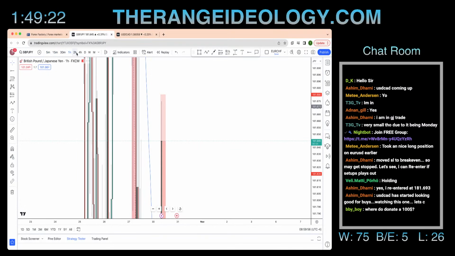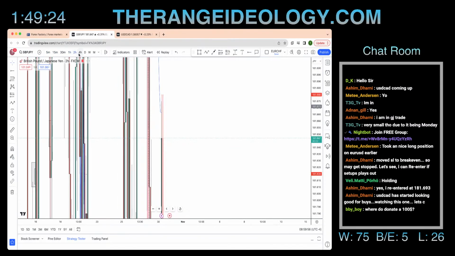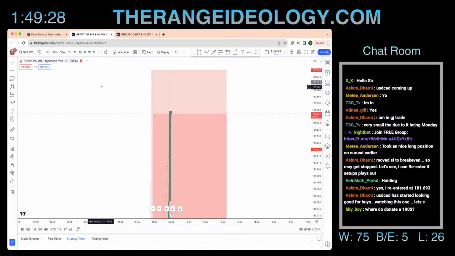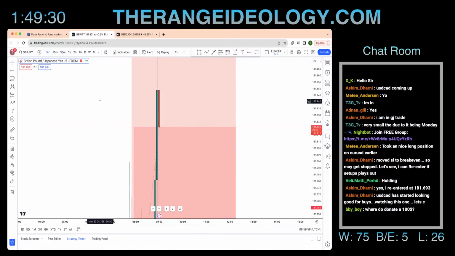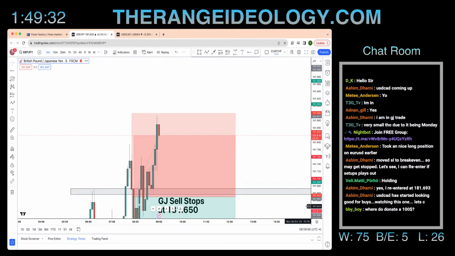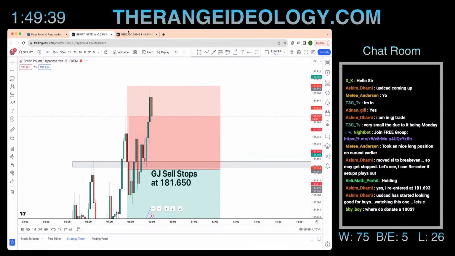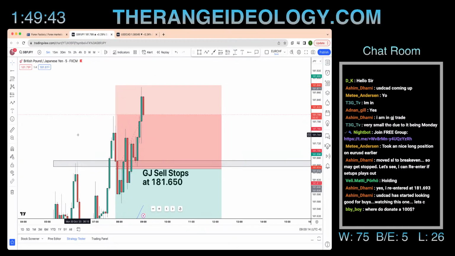But let's see. All right, new candle open. No top wick, guys. No top wick. But will this survive? No way. See, guys, you just coming back down.